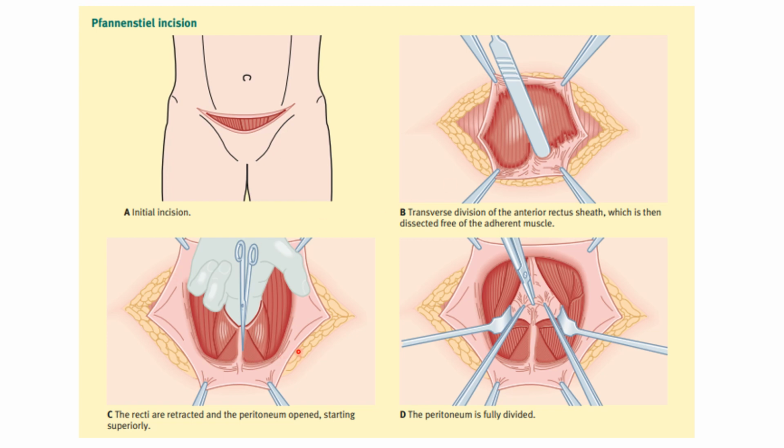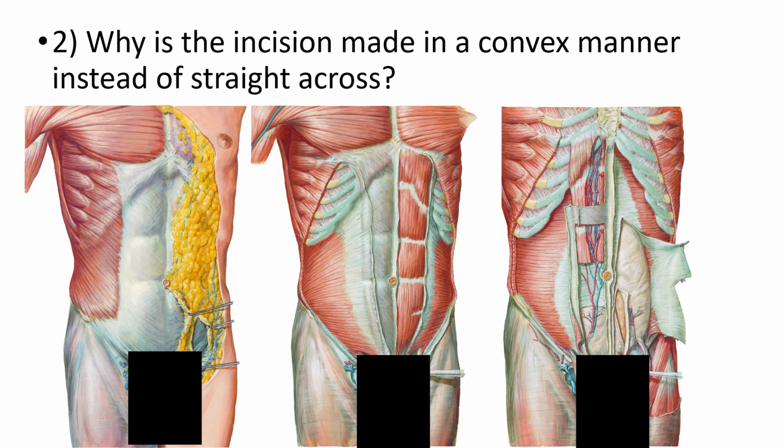Then we can identify the posterior layer of rectus sheath, that is the fascia transversalis. Then below that fascia transversalis, you can identify the parietal peritoneum. So these are the layers that can be seen in this Pfannenstiel incision.